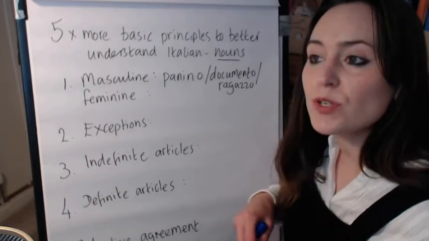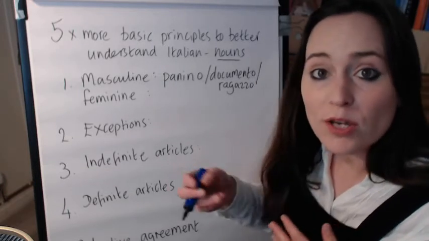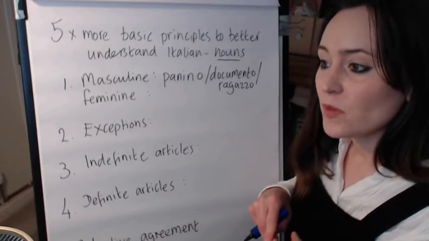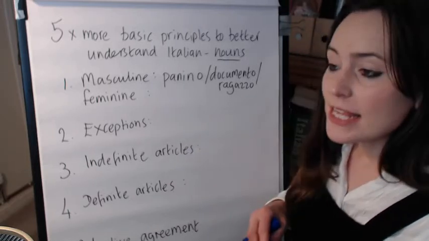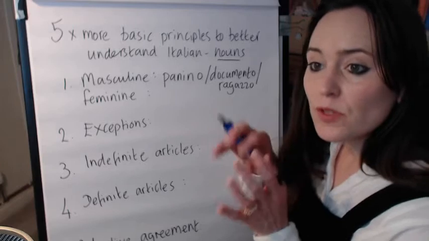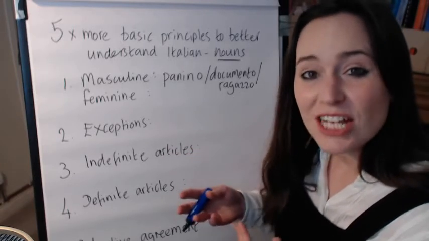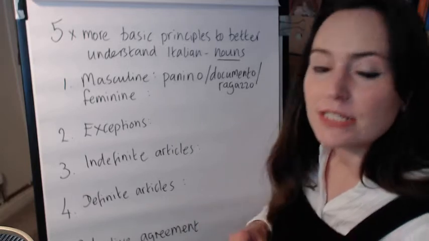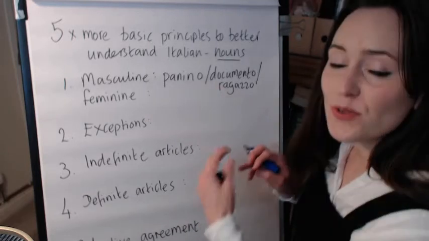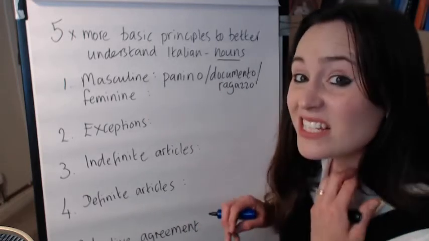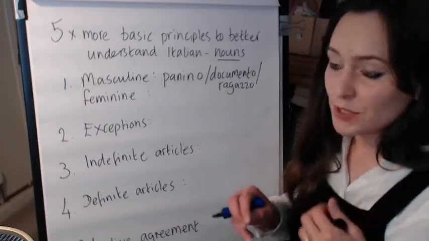However, when you come to talking about, say, a boy or a man or an uncle, then you're talking about people, and those people have a sex, a gender. They are male, so therefore the word to describe them tends to be male, ending in an O. There are some exceptions, we'll see a few.